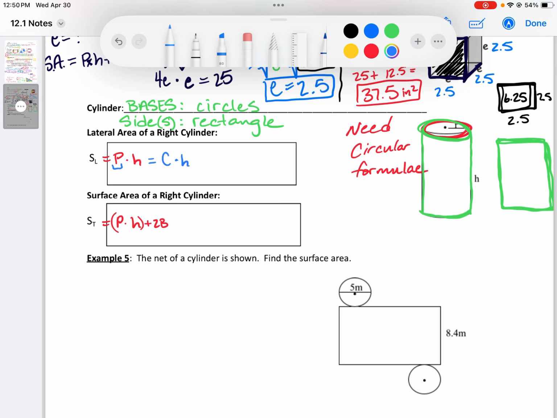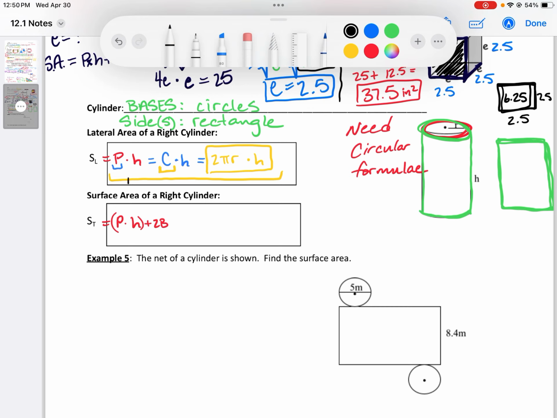So we could say, instead of perimeter, it's circumference times height. And maybe you don't know circumference off the top of your head. So it might be even better to write circumference equals 2 pi r times height.